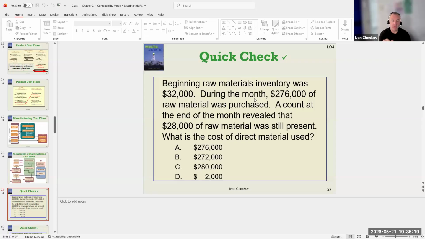Whatever we purchase, that's how much we used, correct? So if the ending balance is less than the beginning balance, that means we used whatever we purchased plus we reduced the beginning balance, correct? Are you following my logic? So what's the reduction of the beginning balance?